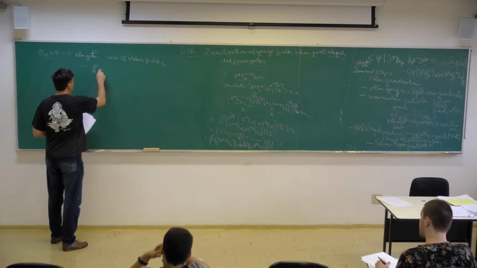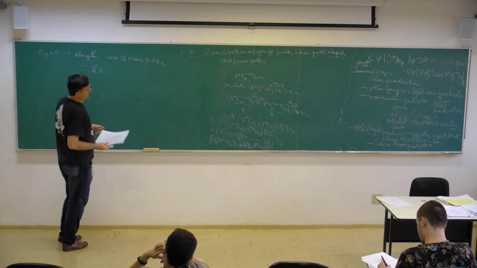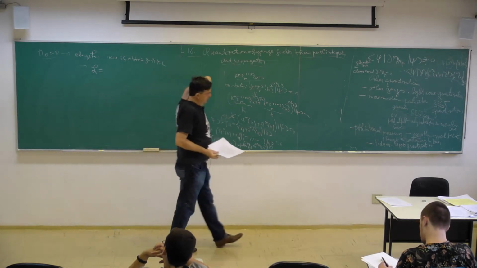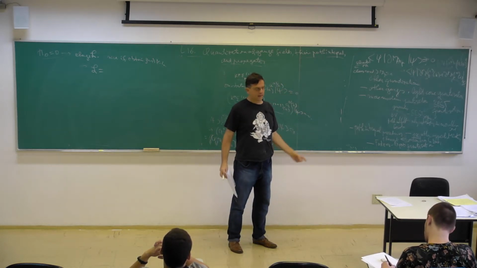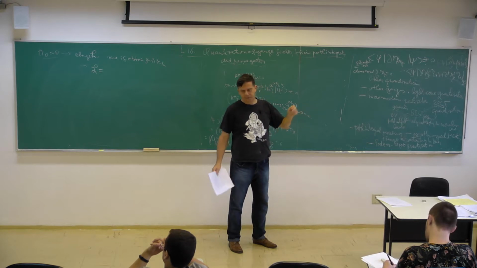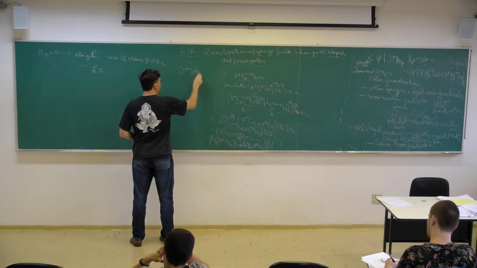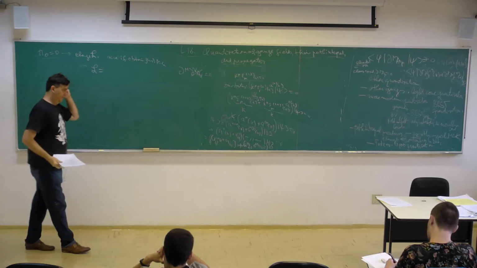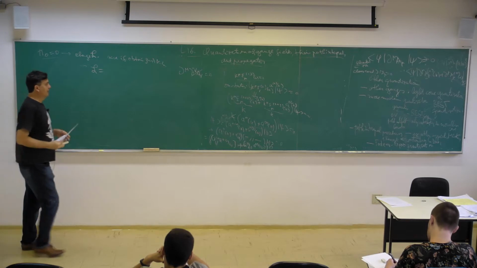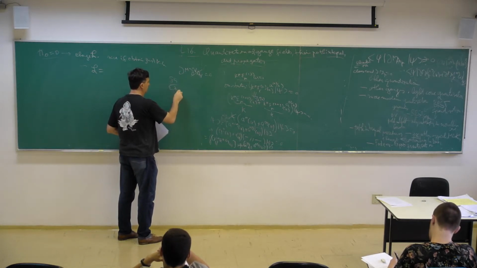So, remember, this is just a guess. The point was we wanted to get rid of the term in the equation of motion that contained d mu A mu. We wanted to get rid of this term, right? And that was from varying with respect to A mu.